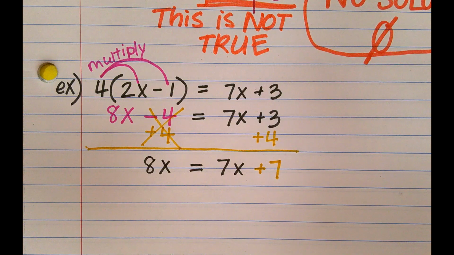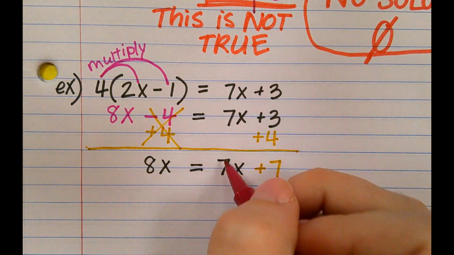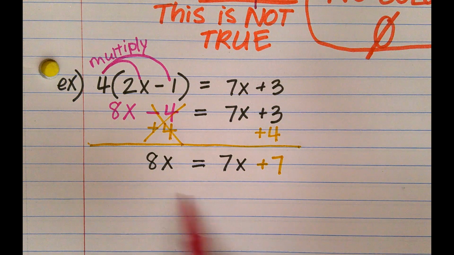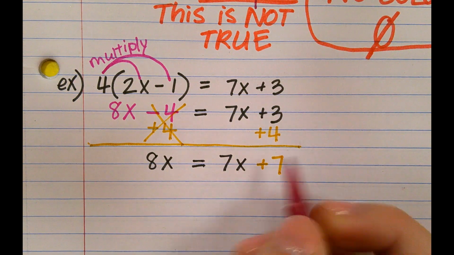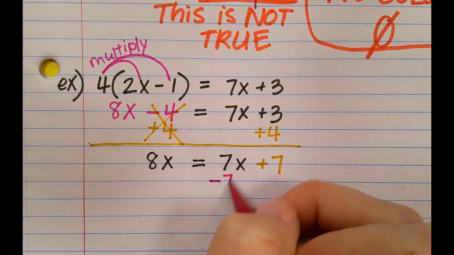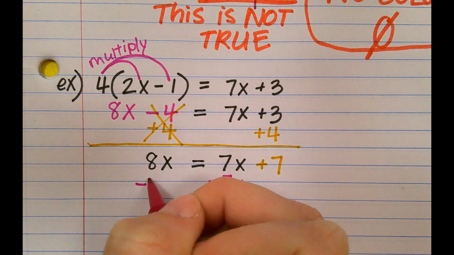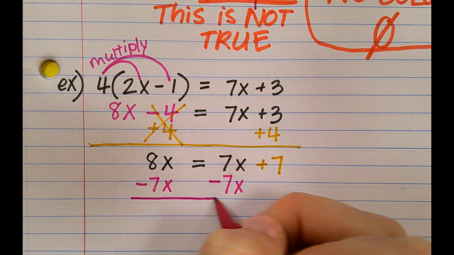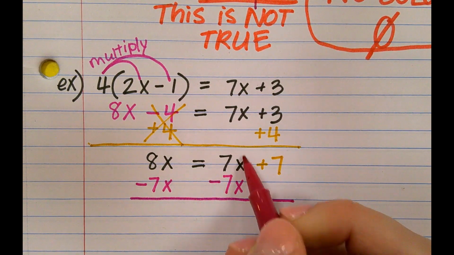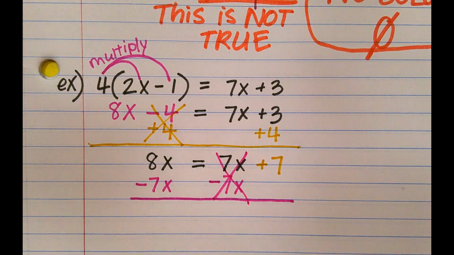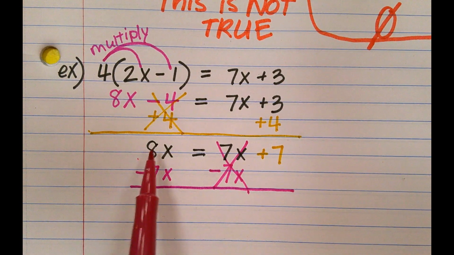Subtract 7x. Yes, subtract 7x from both sides because now all that's left is to get my like terms together, get my x's on the same side. -7x, -7x. And those cancel. What's 8x minus 7x? It's x.